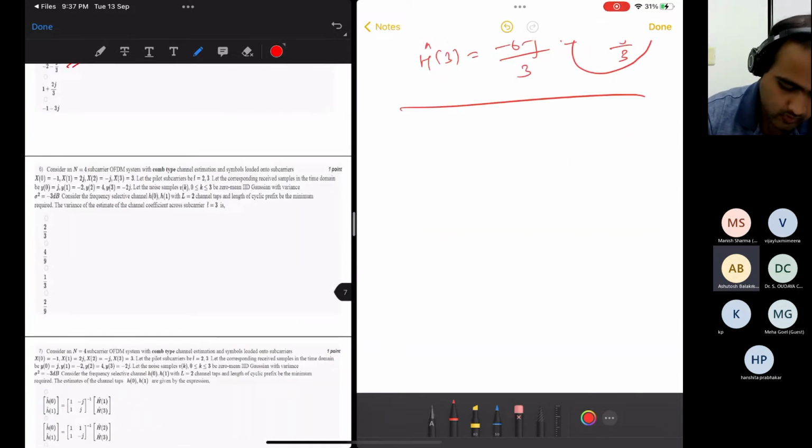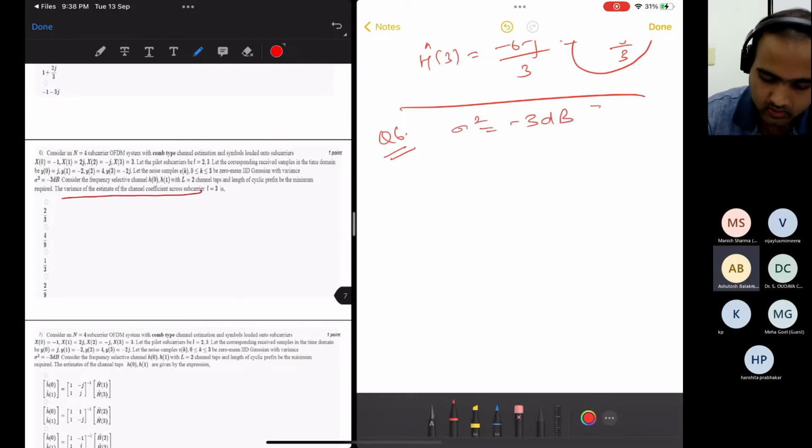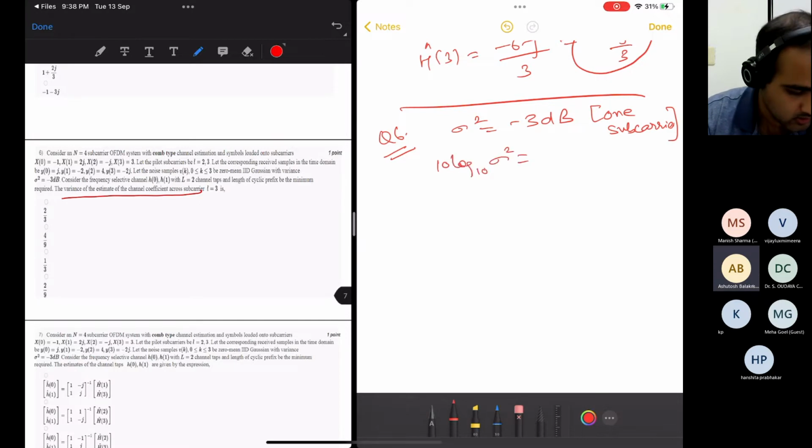Right. Question 6. It is again following the previous, asking for the variance of the estimate of channel coefficient. So now we are given that sigma square is minus 3 dB, and note that this is over one subcarrier. So 10 log 10 sigma square is minus 3 dB.